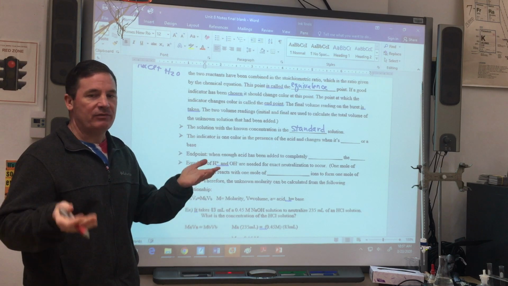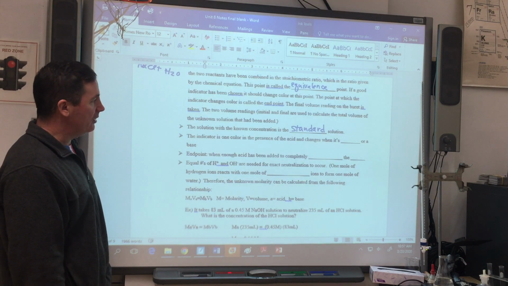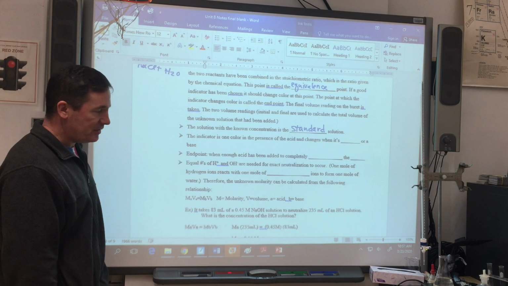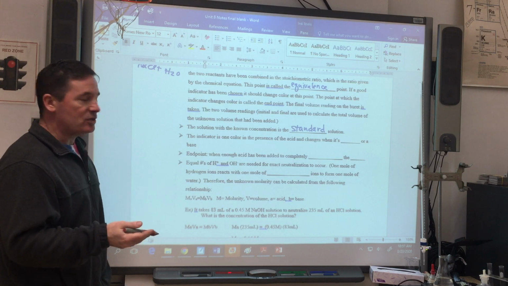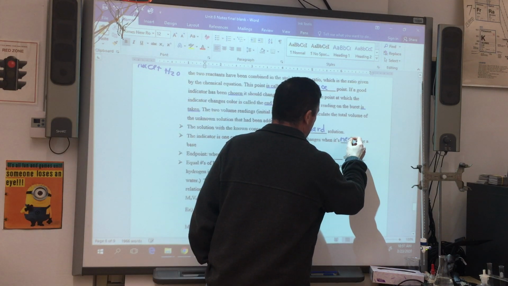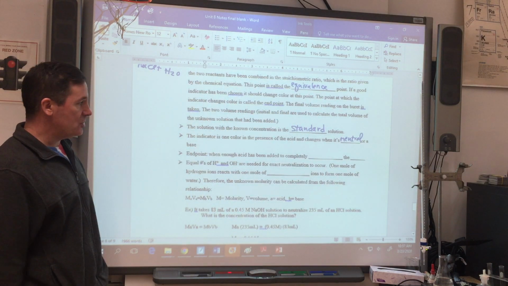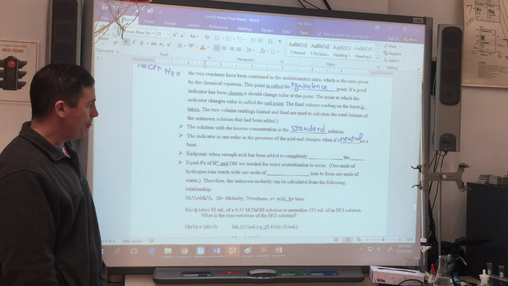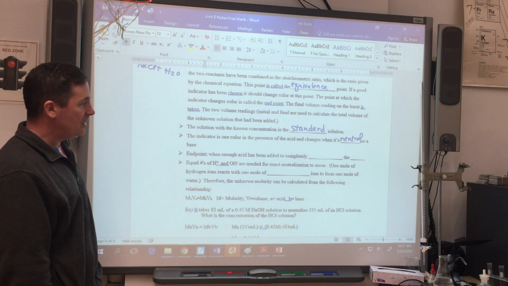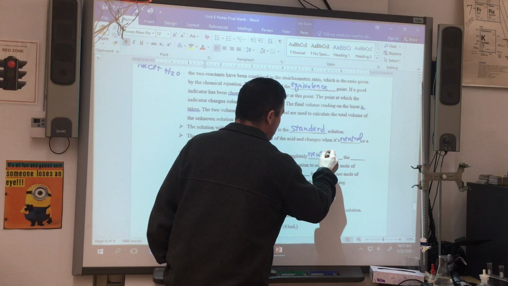If I don't know, then I've got two unknowns and I can't figure it out. The indicator is one color in the presence of the acid and changes when it is neutral. That's the case with phenolphthalein. The end point is when enough acid has been added to completely neutralize the base, or vice versa.